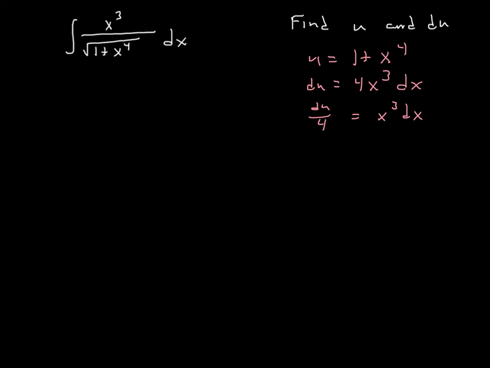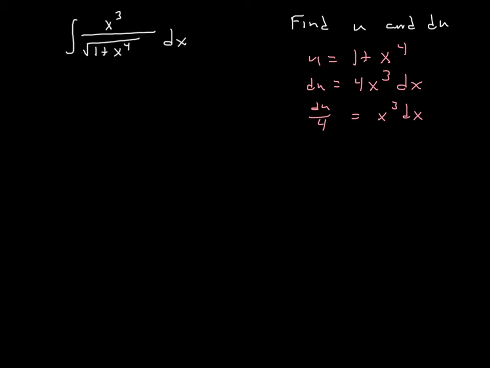Okay, welcome back. In terms of this problem, u in this case, you should have used 1 plus x to the 4th. du should be 4x cubed dx, and therefore du over 4 would be x cubed dx. I will do that because in this problem, I have the x cubed dx, I don't have the 4. So I got that 4 over on the other side.